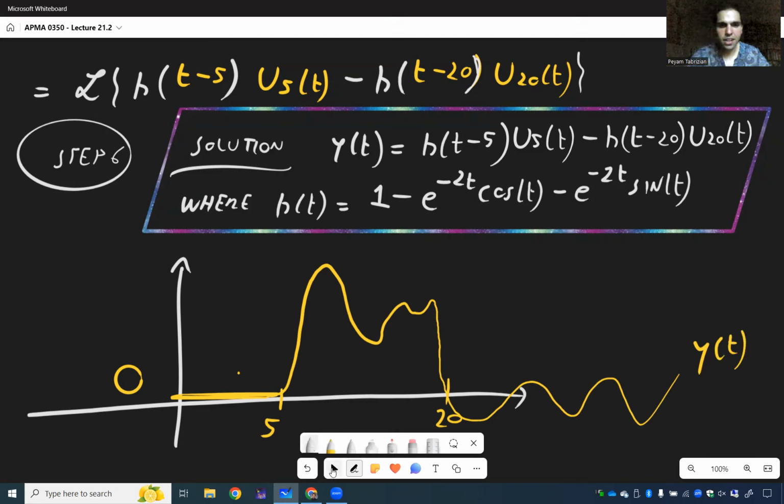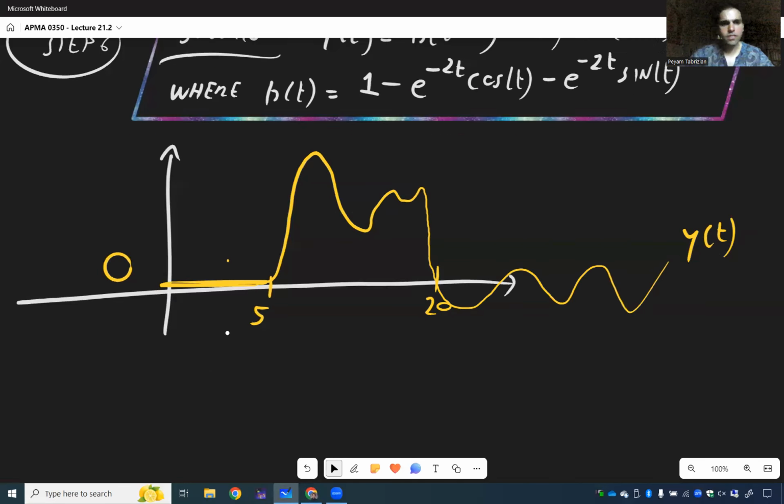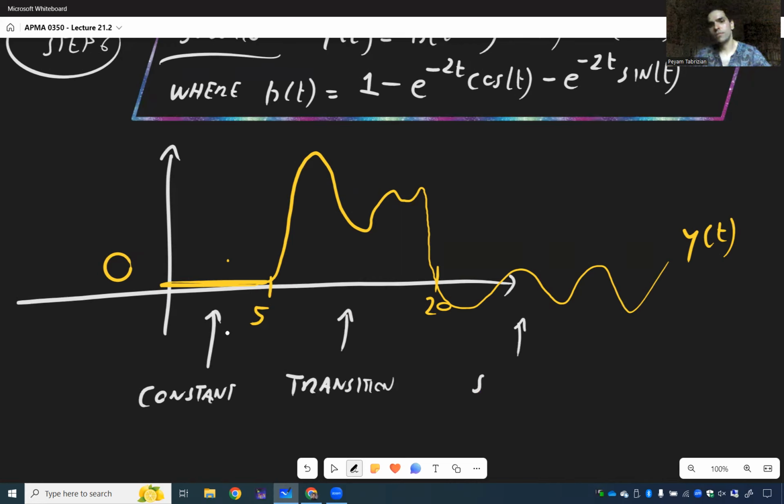So once again, on this first part, we have a constant regime. And here we have a transition regime. And then we have a sinusoidal regime.